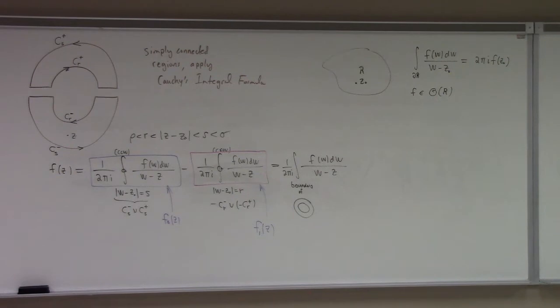So I said f0 is analytic for |z minus z naught| less than s. Why is that true?